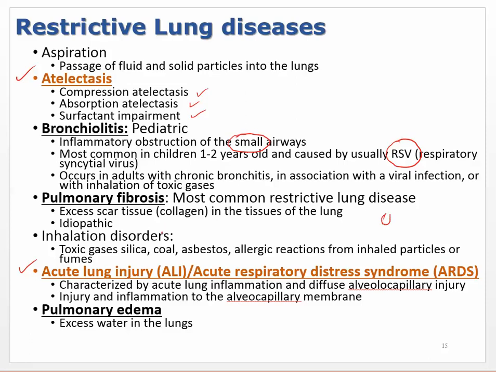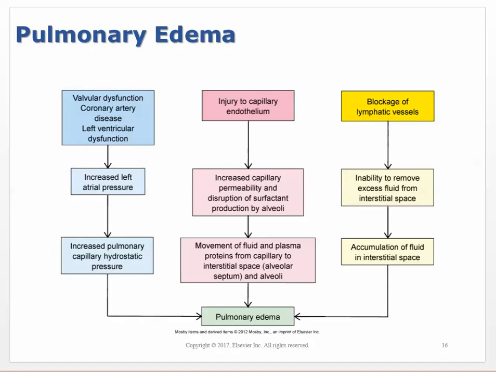Okay. Other inhalation disorders, toxic gases, coal, asbestos, allergic reactions from inhaled particles or fumes, something like that. So acute lung injury or acute respiratory distress syndrome, we'll discuss that in detail. And then pulmonary edema, we've been talking a lot about pulmonary edema, but we'll hit on that right now.